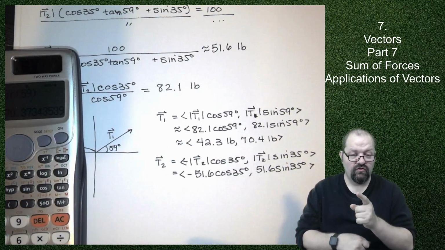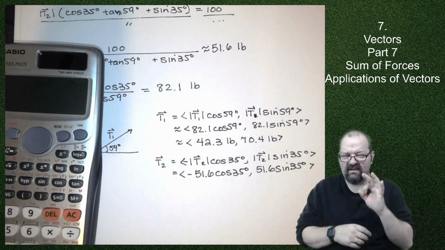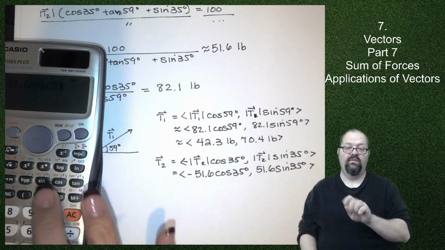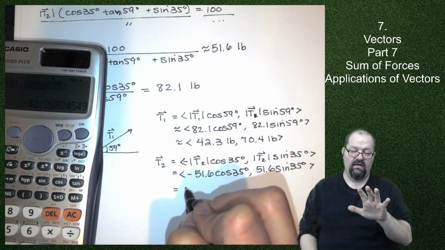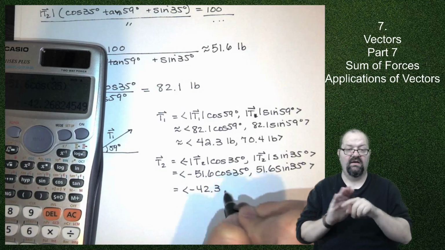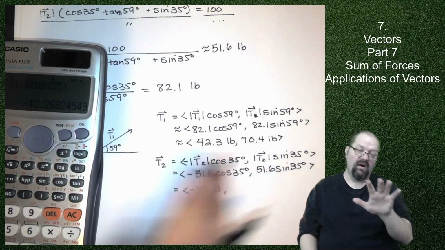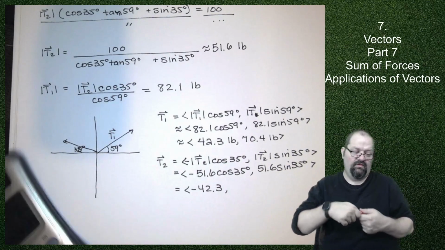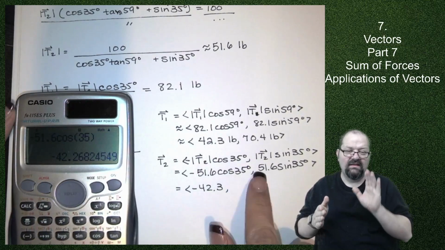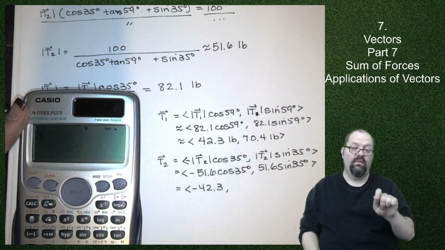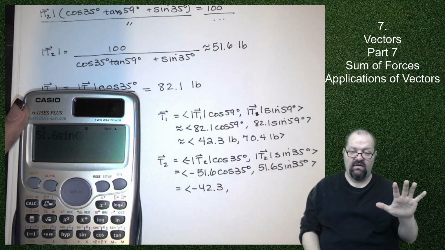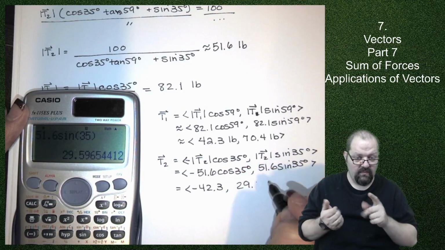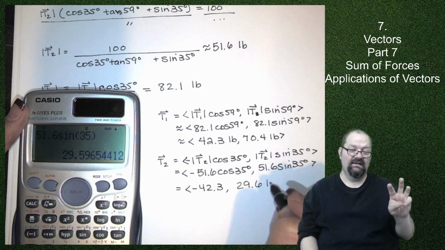After we do this, let's see if everything makes logical sense. I've got negative 51.6 times cosine of 35. It's negative 42.3 approximately. Pounds are units of force and it's pulling us that way. That's why it's negative. And then the 51.6 over here times sine of 35 is 29.6 approximately, also pounds.